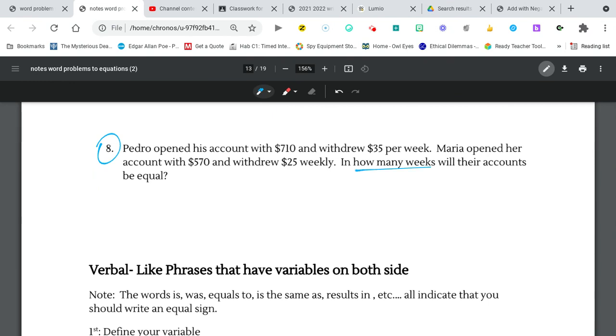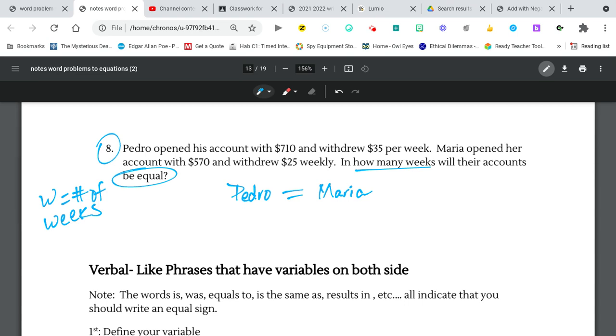So I'm going to do W for number of weeks. Let's start off with Pedro. It says, in how many weeks will it be equal? So choosing the word equal, and Maria. It's going to be variables on both sides.